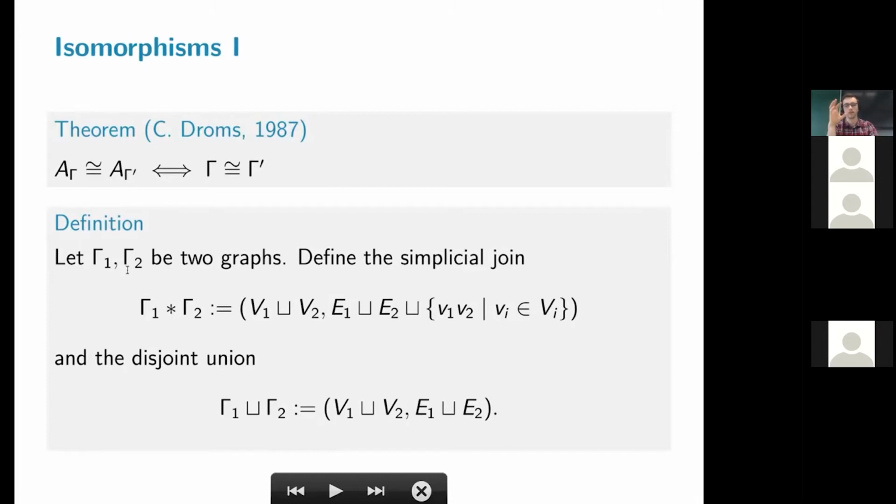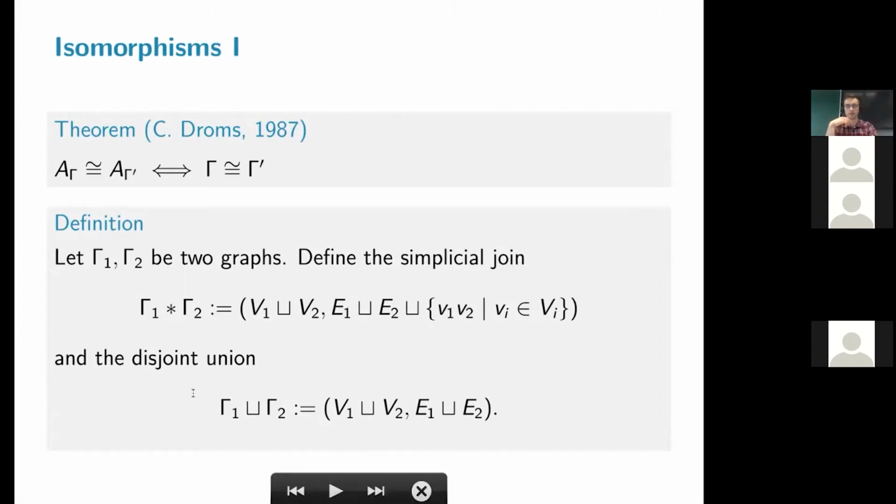You can either define the simplicial join, which we denote by a star. So gamma 1 star gamma 2 is the graph with vertex set the disjoint union of the 2 vertex sets of gamma 1 and gamma 2. And as edge set, we take all edges of gamma 1, all edges of gamma 2, and all edges connecting one vertex of gamma 1 with one vertex of gamma 2.